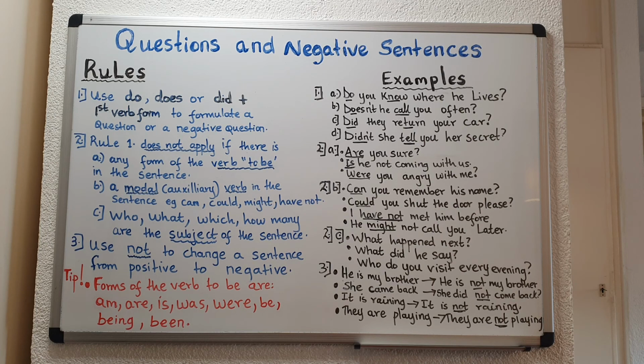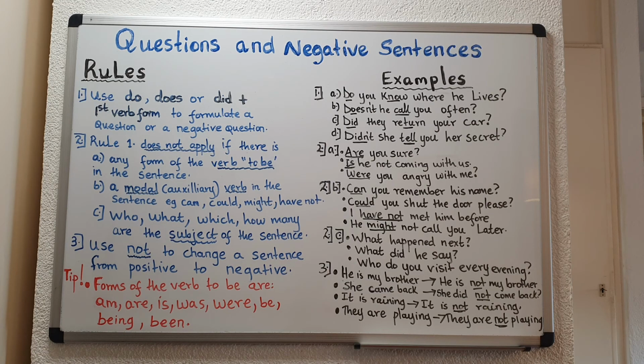And if you have to change a question from positive to negative, you also simply have to add not. Look at the examples we have in 1. Do you know where he lives? Now, I'll change that to a negative question. Do you not know where he lives? Example B is already a negative question because we have not.